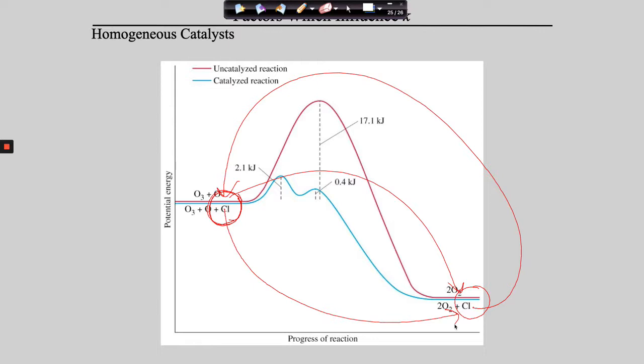Chlorine doesn't get consumed by this reaction, but there are other reactions that consume chlorine in our upper atmosphere. So they did the math, and I think it was like 1,500 ozone molecules are destroyed by one chlorine atom on average, but then eventually those chlorine atoms will be consumed by other reactions, but it was like 1,500 to 1.